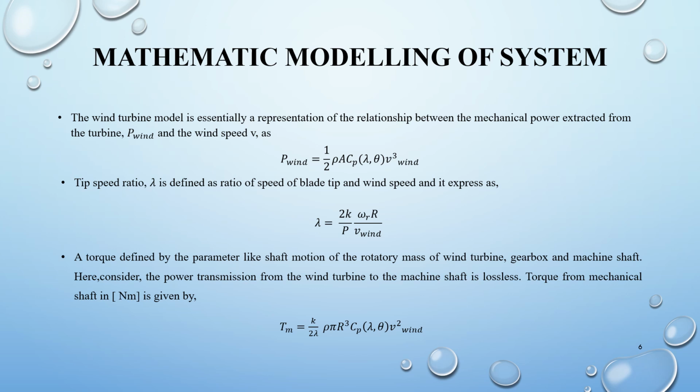Here, consider the transmission of the wind turbine to the machine shaft is lossless. Torque from the mechanical shaft in Newton meter is given by Tm is equal to k by 2 lambda rho pi r cube Cp(lambda, theta) wind speed square.